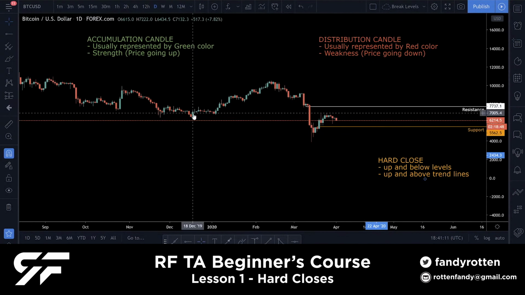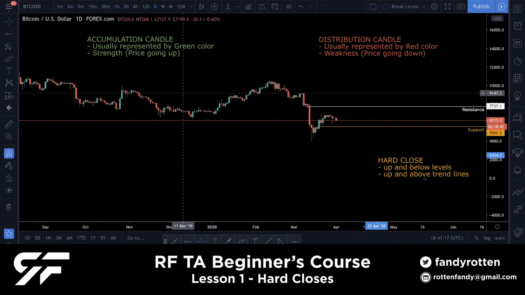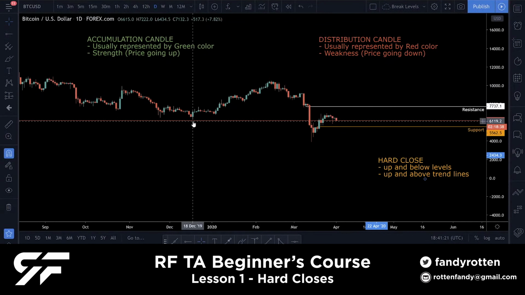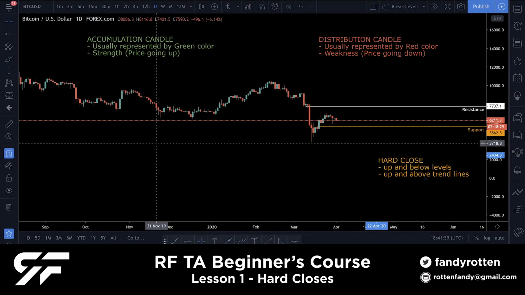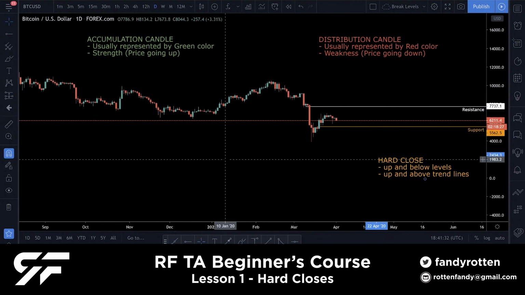Over here I have selected the daily time frame. If I go to a 12-hour time frame, each candle would represent 12 hours. You can go all the way down to 1 minute. If I go to the 1 minute chart, each candle will represent 1 minute.